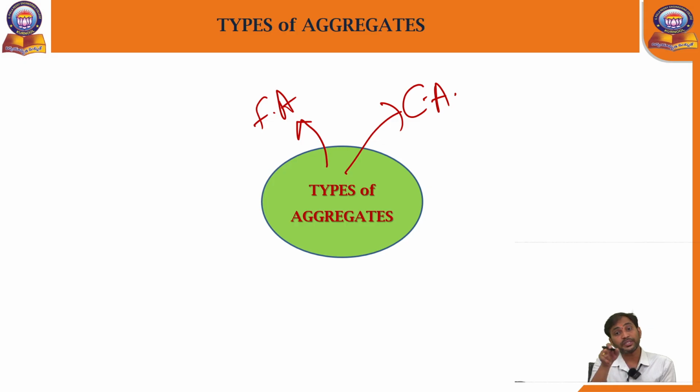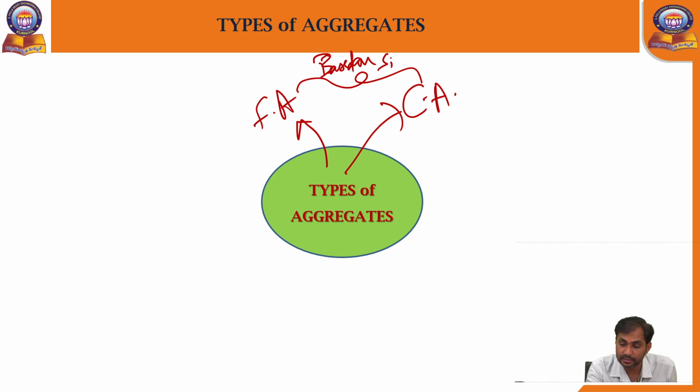Okay, how are these two, fine aggregate and coarse aggregate, separated according to the classifications? What type of classification? These two come under the classification based on size.